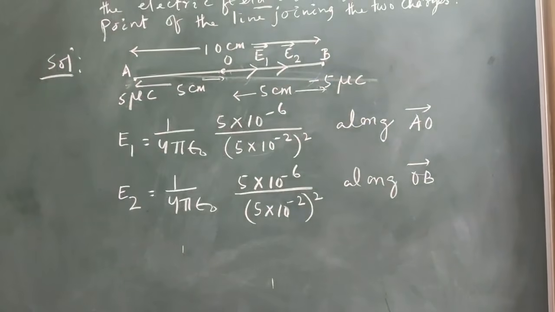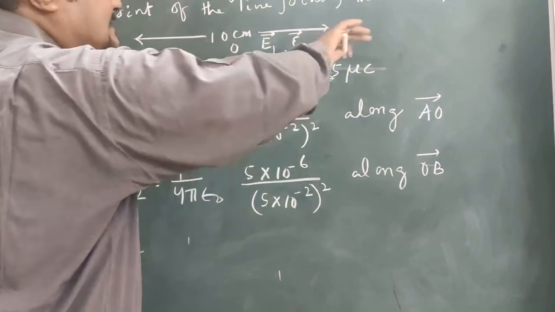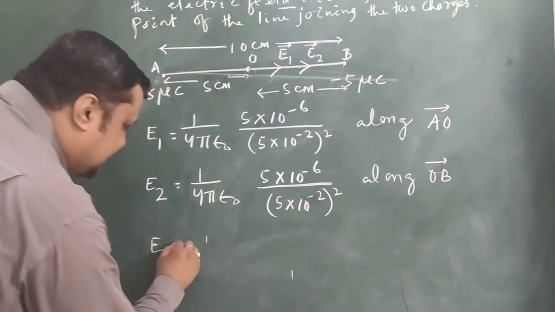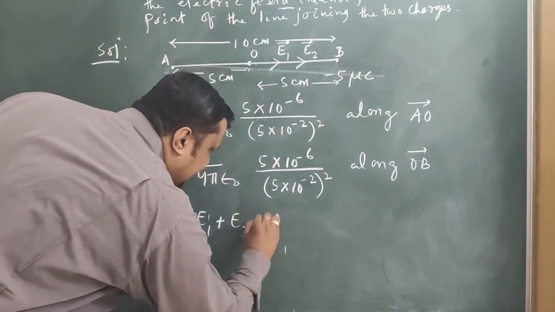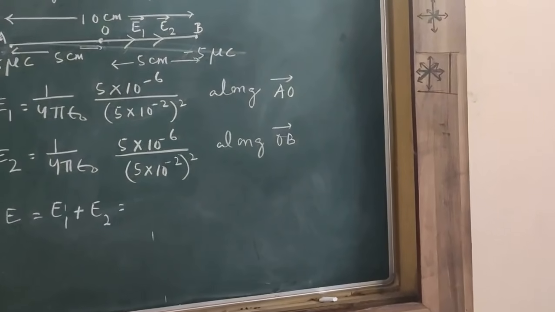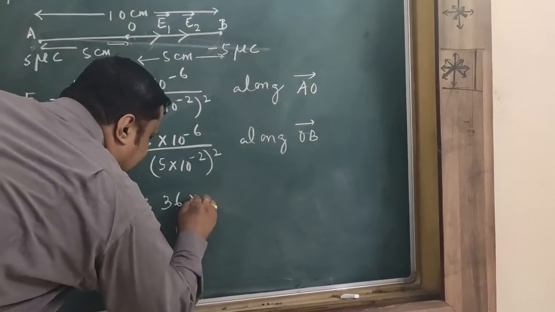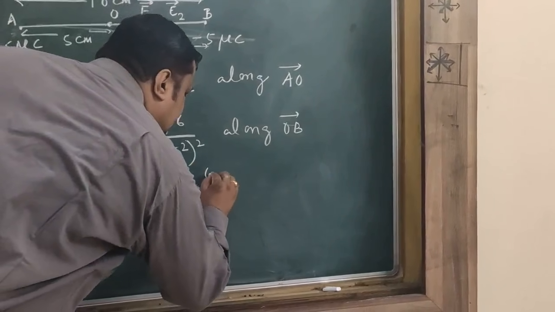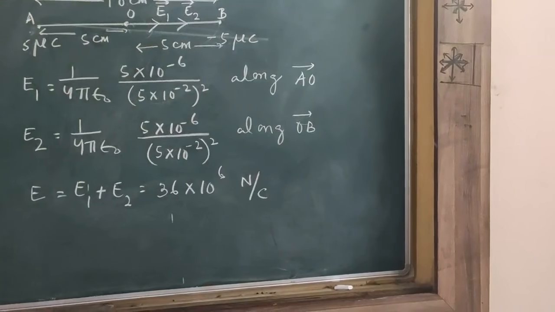The net electric field is equal to, as you know, the two vectors are acting in the same direction. The resultant field should be equal to E1 plus E2. And if you find out this E1 plus E2, by solving this one you will come out as 36 into 10 to the power 6 Newton per Coulomb along what direction?